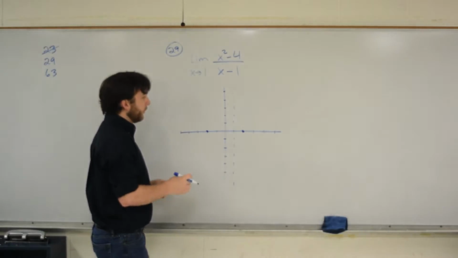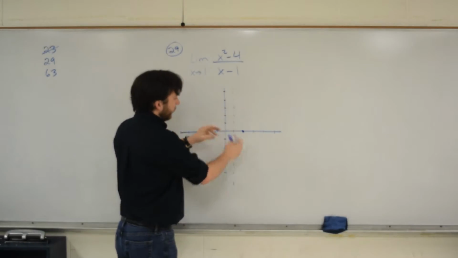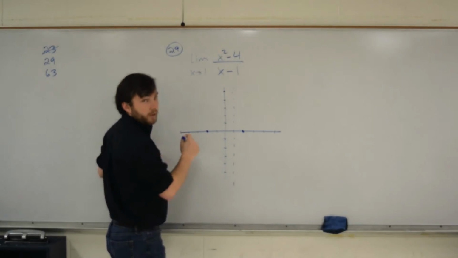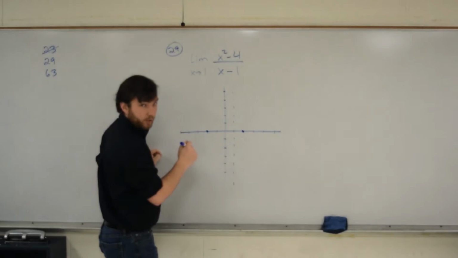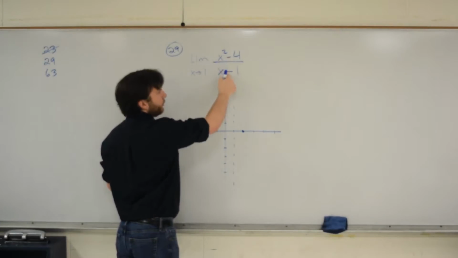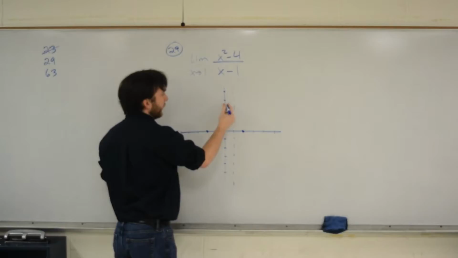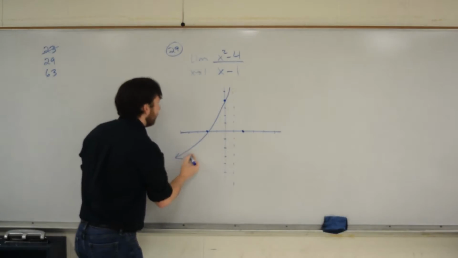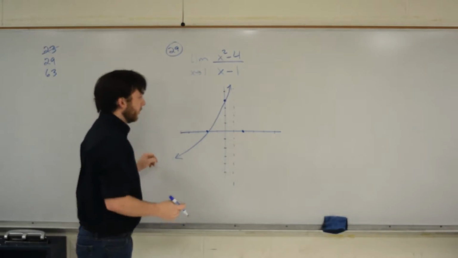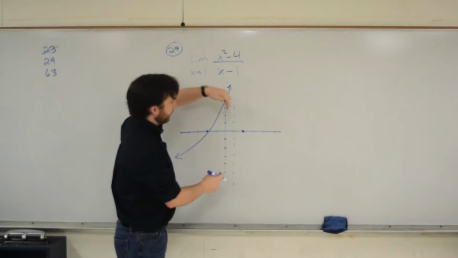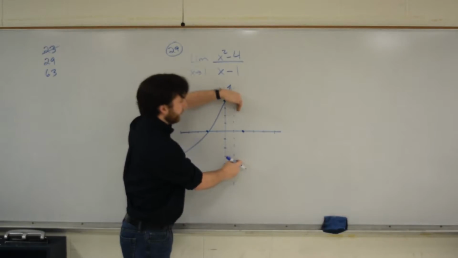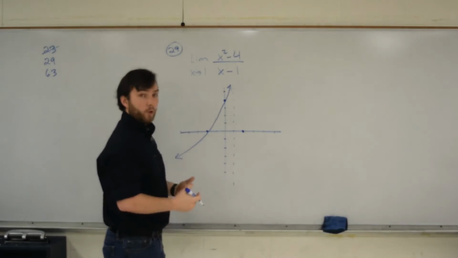With one more point, we can really figure out what's going on at this vertical asymptote. We can find the y-intercept by plugging 0 in for x. So that would be negative 4 over negative 1, and that's going to give us a y-intercept of positive 4. Well, actually, to make sure we know what happens on this side, maybe we should plug in one more point.